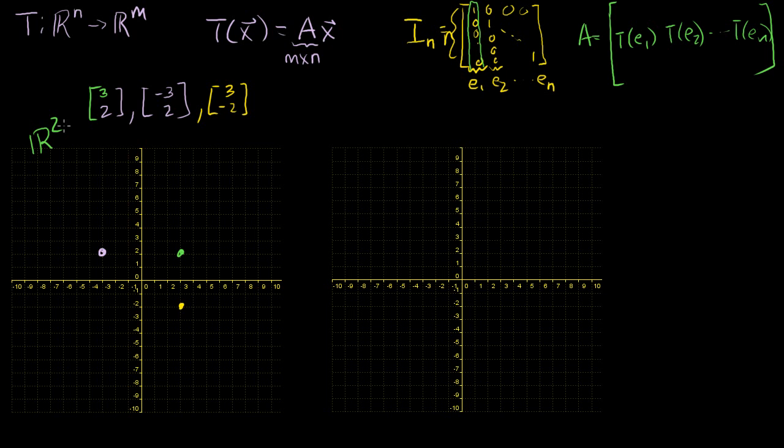Now, each of these are position vectors, and I can draw them. I could draw this 3, 2 in standard position by drawing an arrow like that. I could do the minus 3, 2 in its standard position like that. And 3, minus 2 I could draw like that. But more than the actual position vectors, I'm more concerned with the positions that they specify.